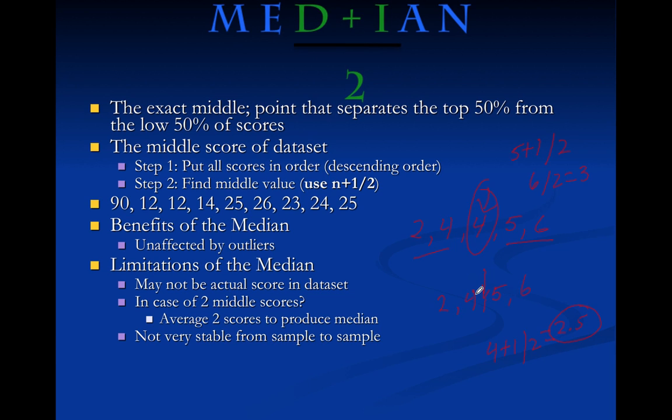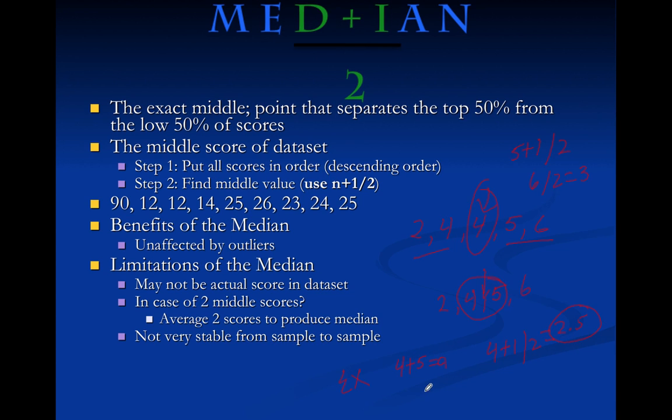So how does this work for us? Well, now what we have to do is find that middle point between those two numbers. So how do I do that? The first step is to sum up those two middle values. So 4 plus 5, giving me a value of a 9.